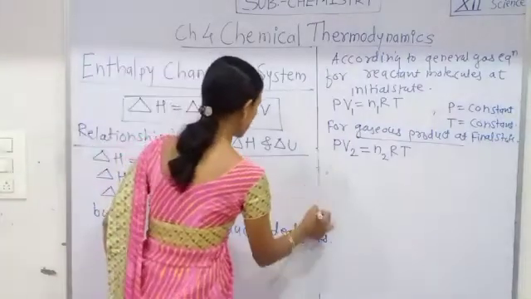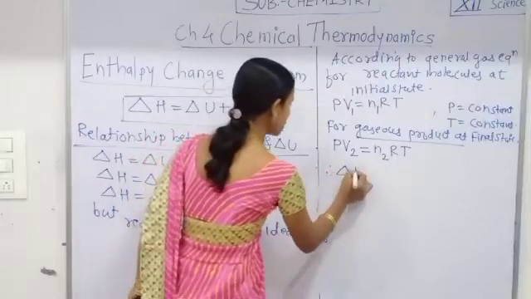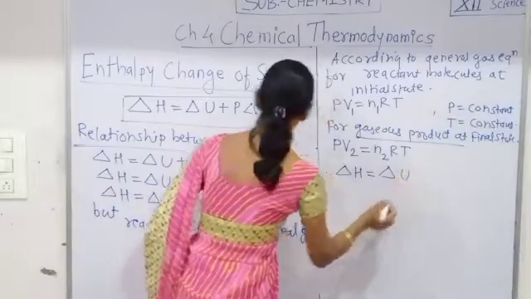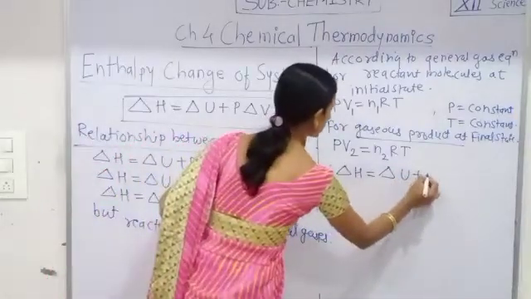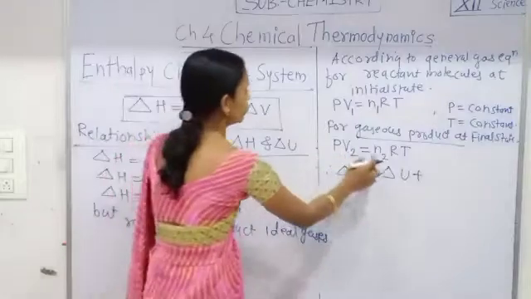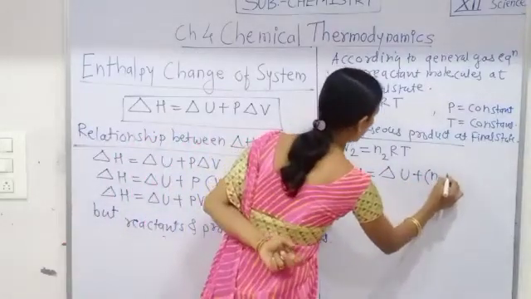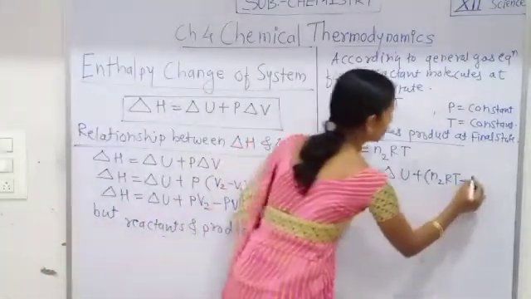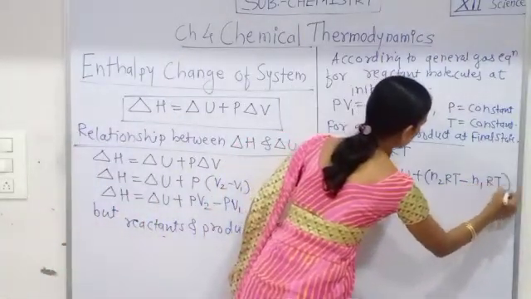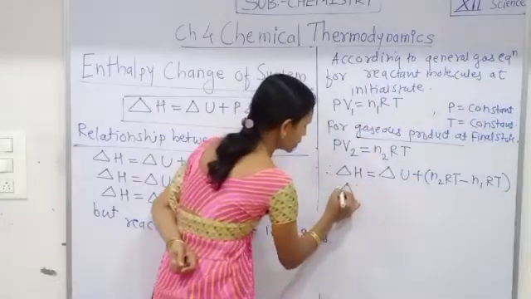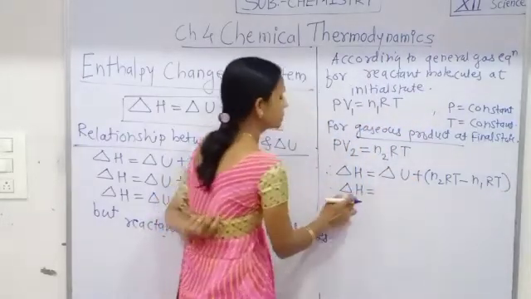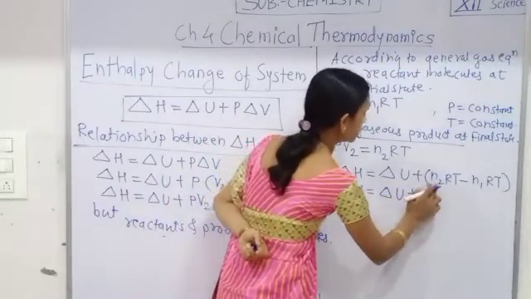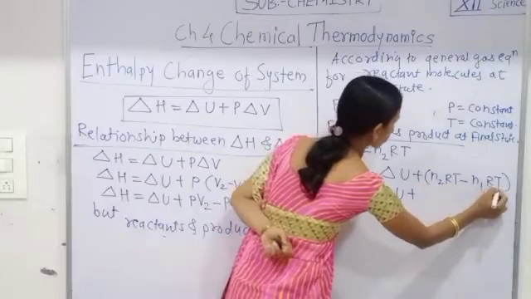Therefore, delta H is equal to delta U plus PV2, that is N2 RT, minus PV1, that is N1 RT, and therefore this equation becomes delta H is equal to delta U plus RT, which is common.